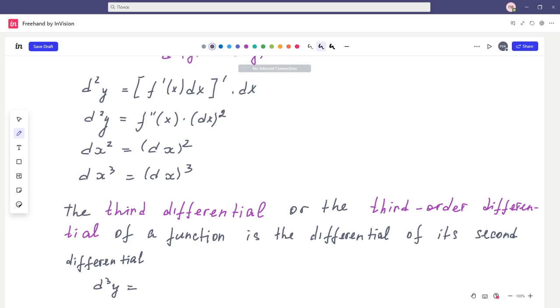This d third y is d of d second y, which is (f second prime of x dx squared) prime dx, or f third prime of x dx cubed.